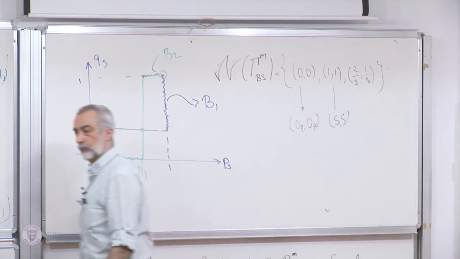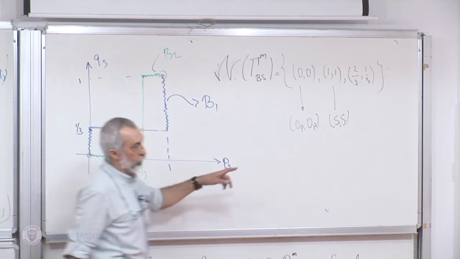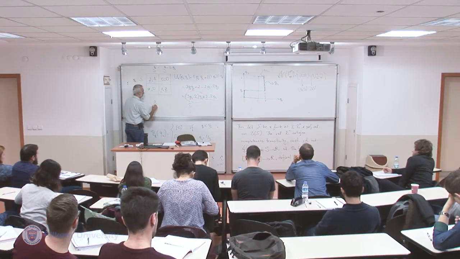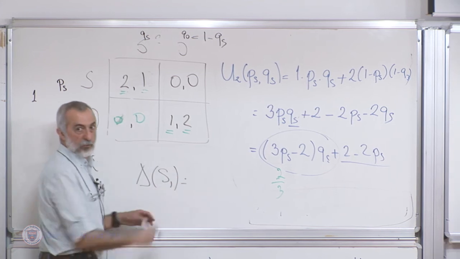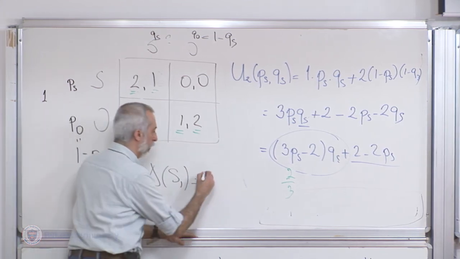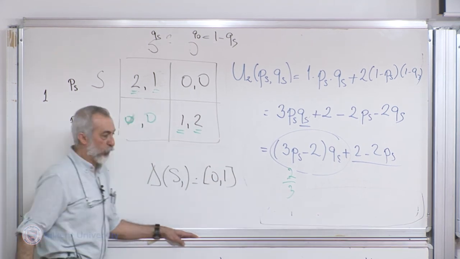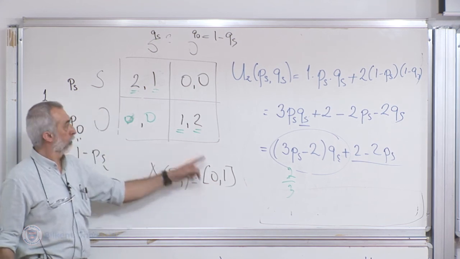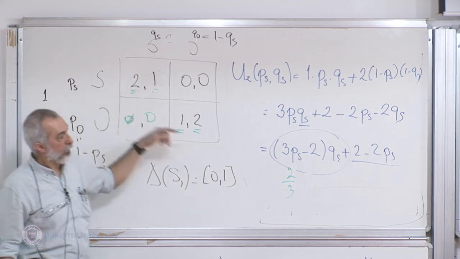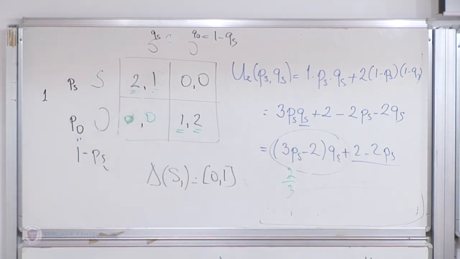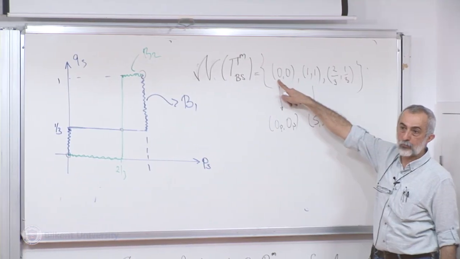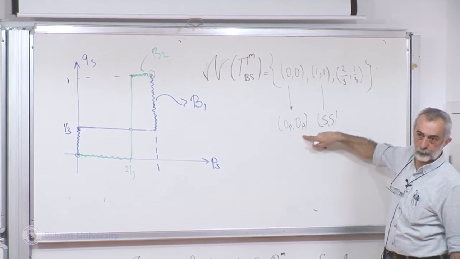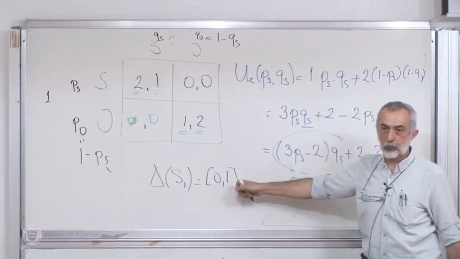Why does 0, 0 correspond to that? Well, the notation that we used, so rather than taking the strategy set as a pair, we took it as a single number, and we interpreted a number in here as representing the probability that the player goes to the soccer match. So the probability that player 1 will go to the soccer match is 0, so he will go to the opera for sure. The same thing for player 2. Okay, so that's again why you should always explain what your strategy stands for.